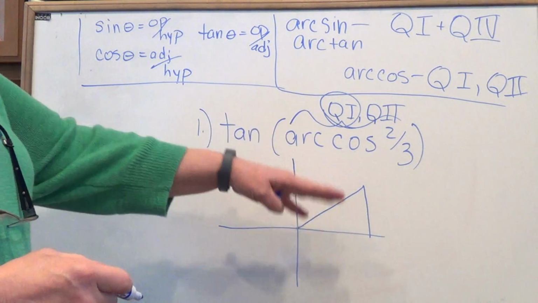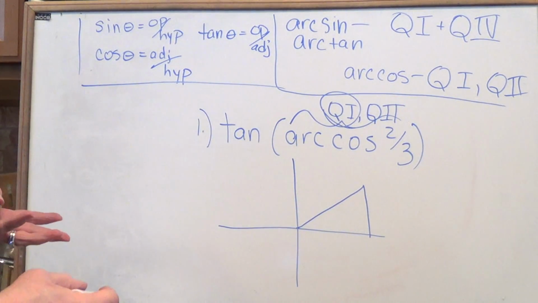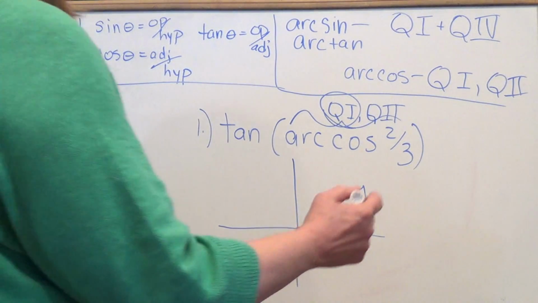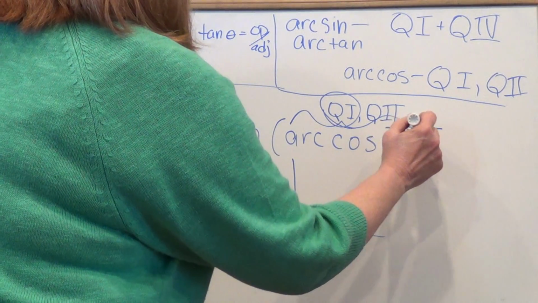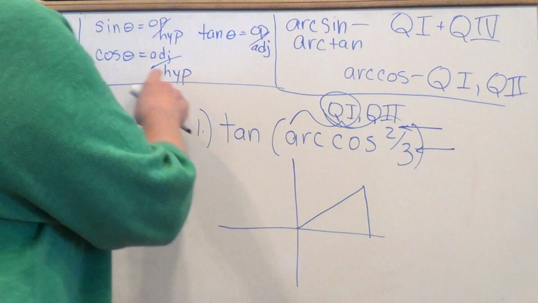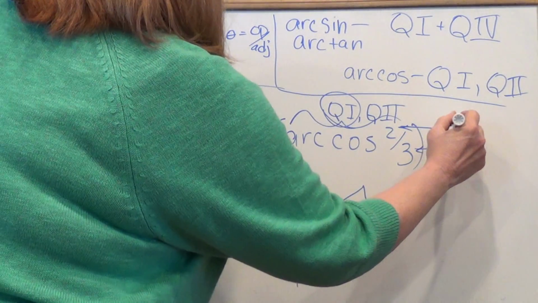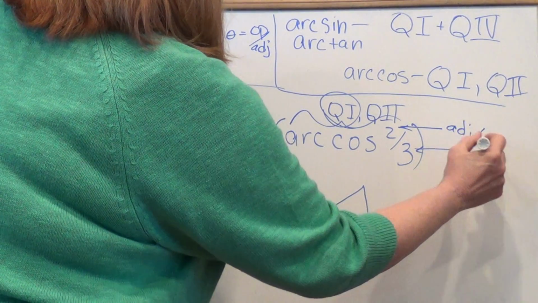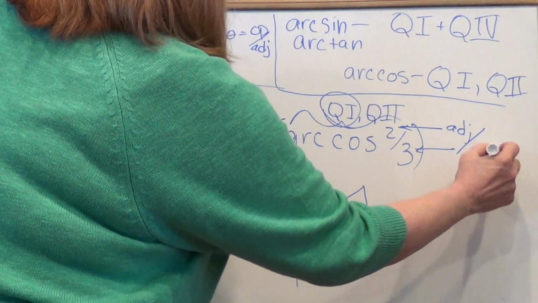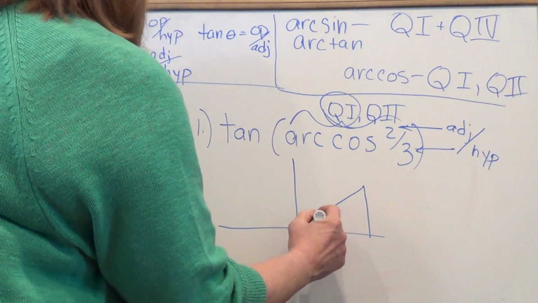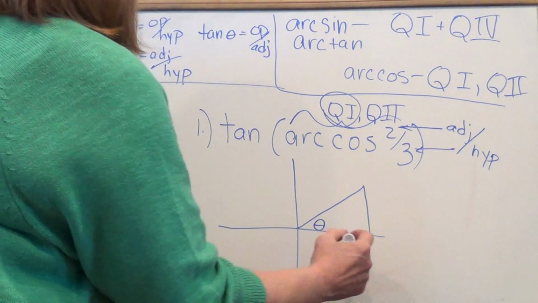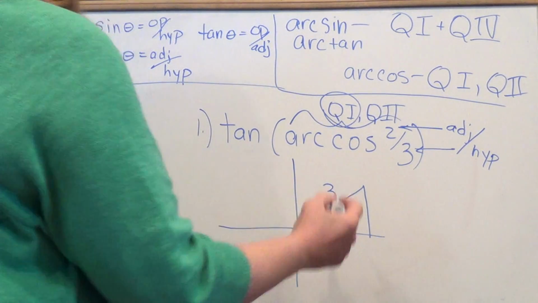So I know it's in the first quadrant, so I'm just going to draw a triangle and assign the values to it. According to cosine, this is side adjacent, and this is side hypotenuse. So here's my angle, right next door, adjacent is 2, hypotenuse is 3.